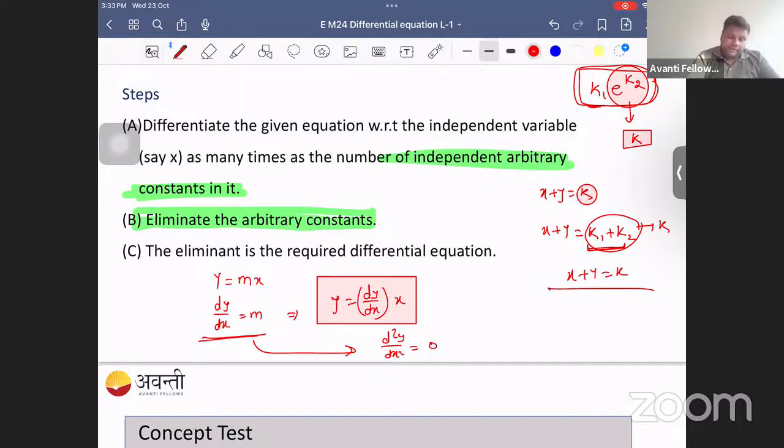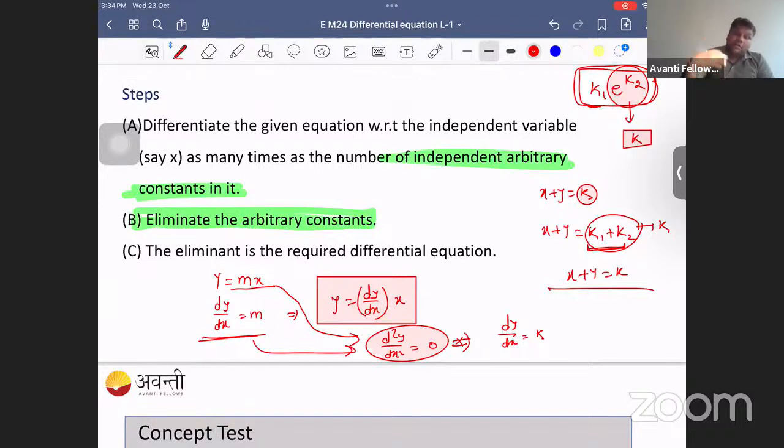So this is not a differential equation. First of all, as there was only one independent arbitrary constant m, we were supposed to differentiate it once only. Secondly, if this is the differential equation for this curve, its integration should give me this curve also. If you integrate it once, you will get dy by dx as some constant.